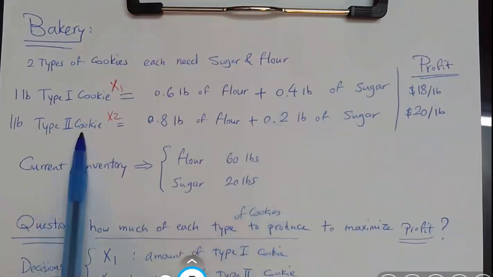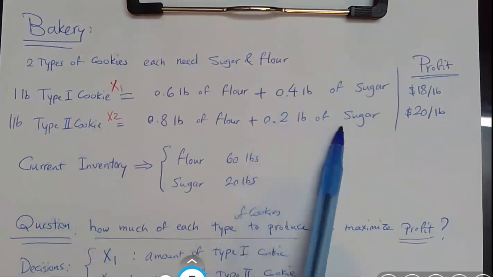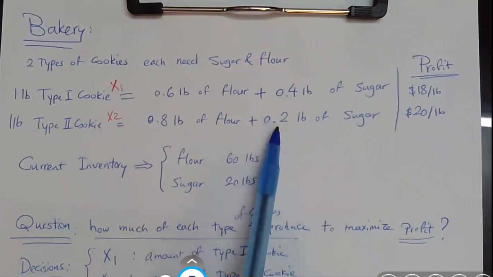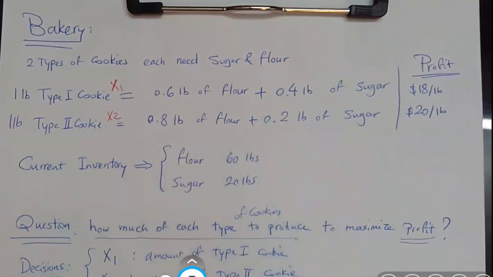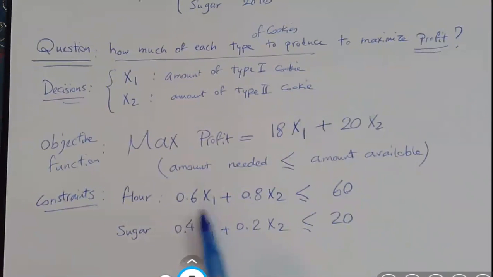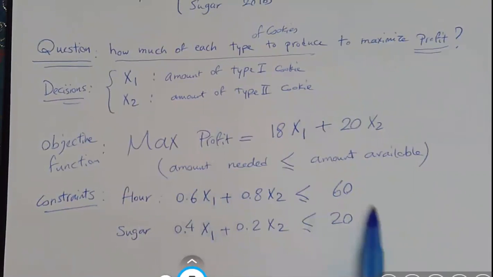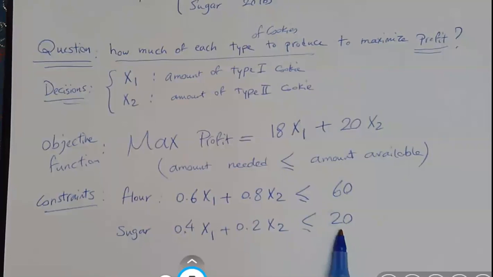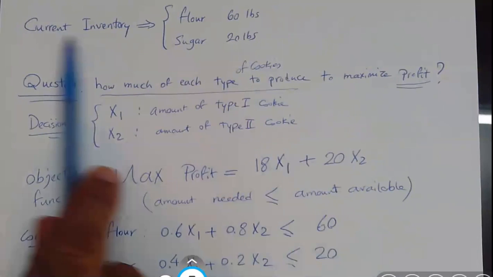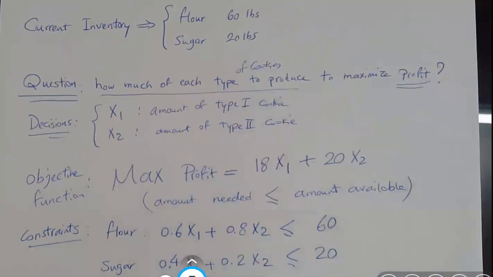For each pound of type 2 cookies, I need 0.2 pounds of sugar. So 0.4 times x1 plus 0.2 times x2 would be the amount that I need to consume for making x1 and x2 pounds of type 1 and type 2 cookies. And that cannot exceed 20, because 20 is my current inventory. I cannot exceed 20.